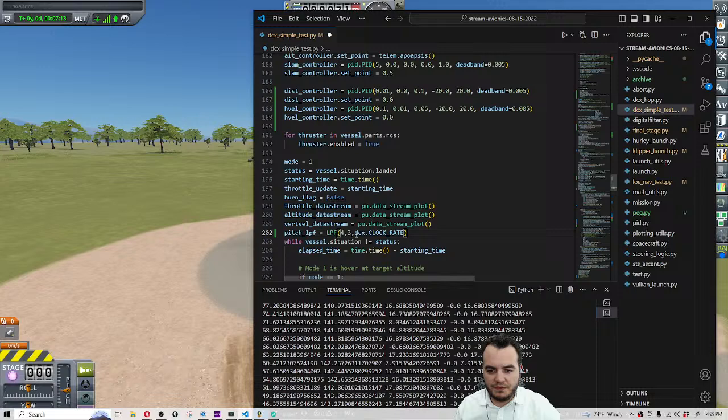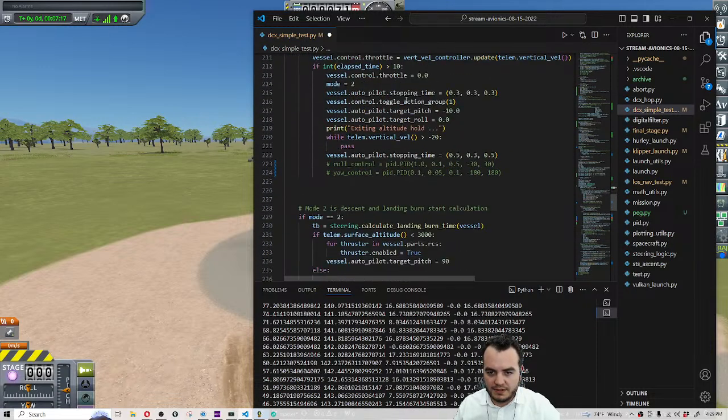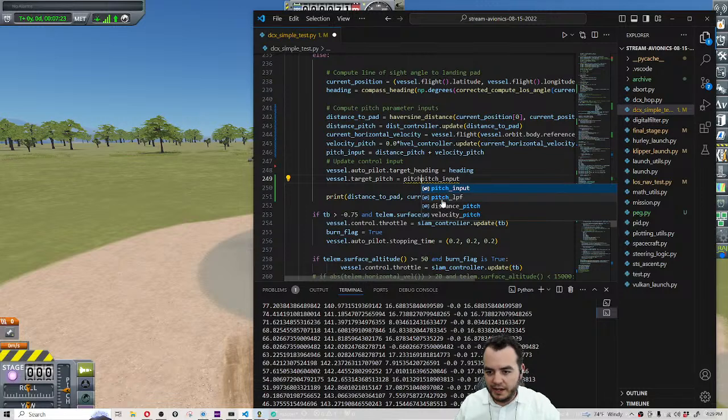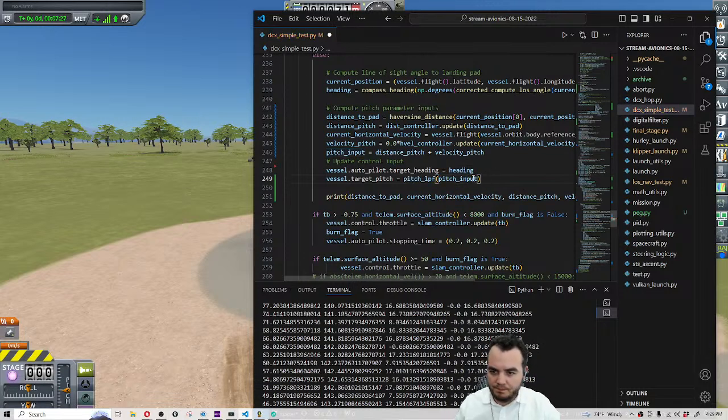All right, we'll see if that smooths it out, putting in a low pass filter, because then what we should be able to do is come down here, and for target pitch heading, we want it to be pitch LPF of that input. I think. Is that right?